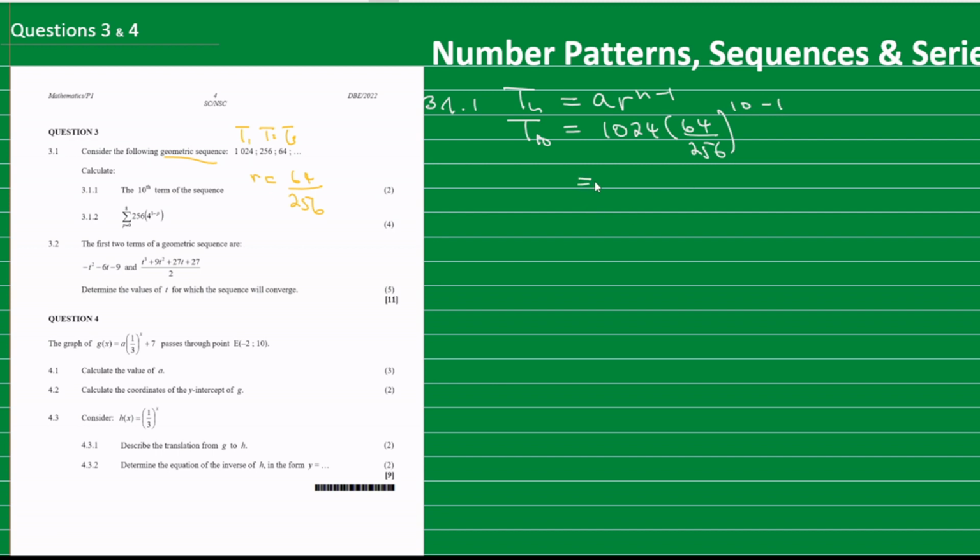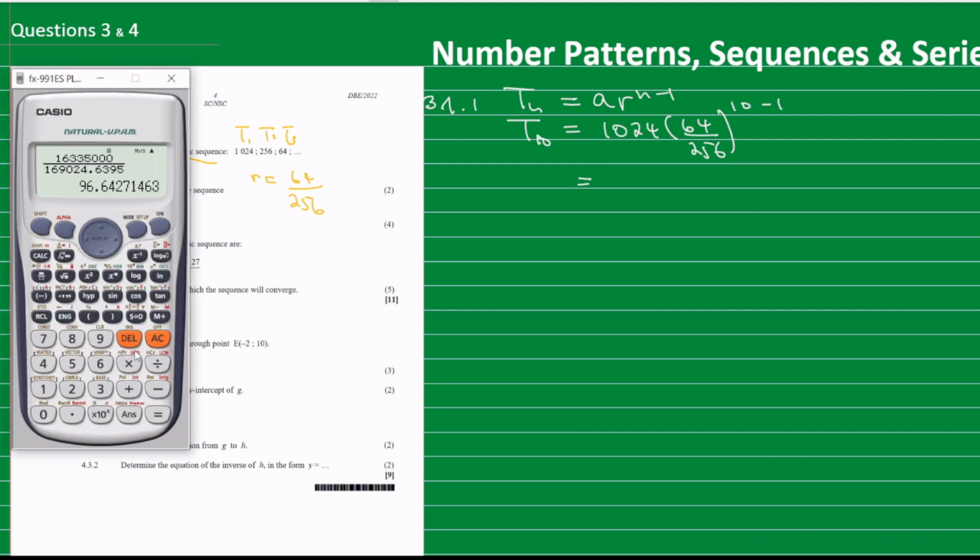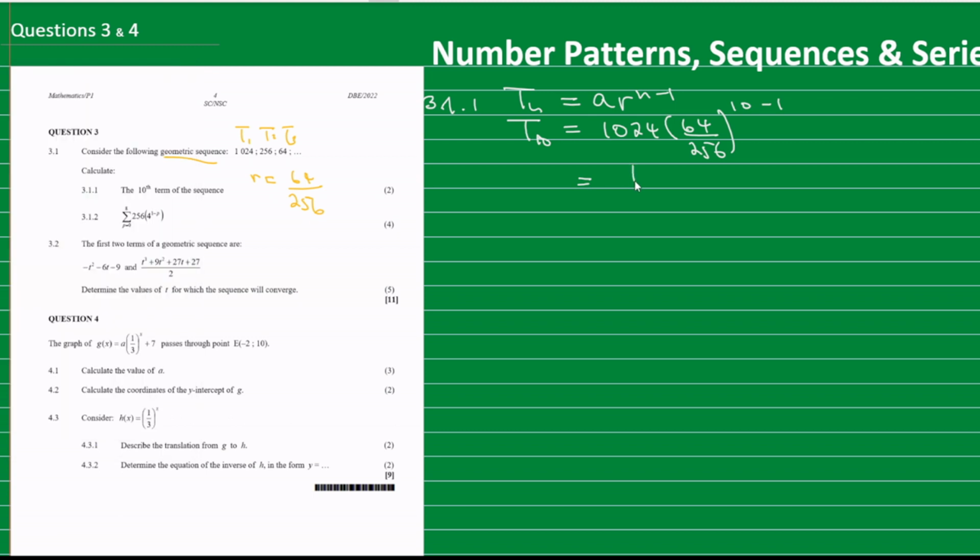All we have to do is to work that out in a calculator. So let's punch it in a calculator. Type in what is on the right side of that equation. So that is 1024 times 1 over 256. So our number is 1 over 256. So therefore our T10 is that.